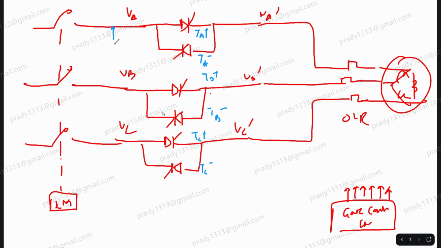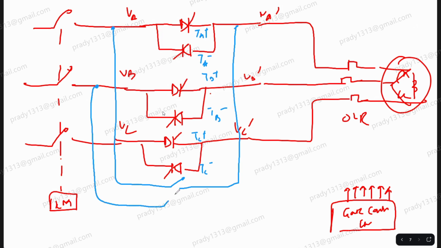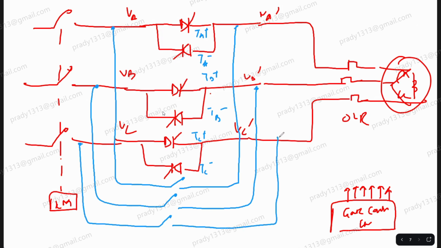Once the starting period is over, you want to bypass the SCR circuit and connect the full rated voltage to the motor. So this is called your bypass contactor, KB.